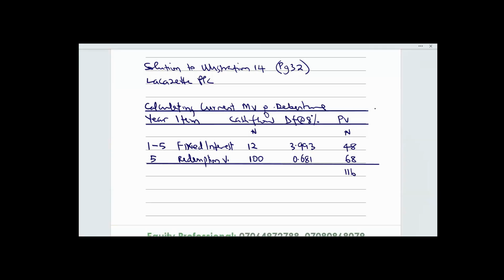So the current market value of this debenture is 116 naira. If the debenture holder wants to redeem the debenture, it will be at a price of 116 naira. That's the current market price.